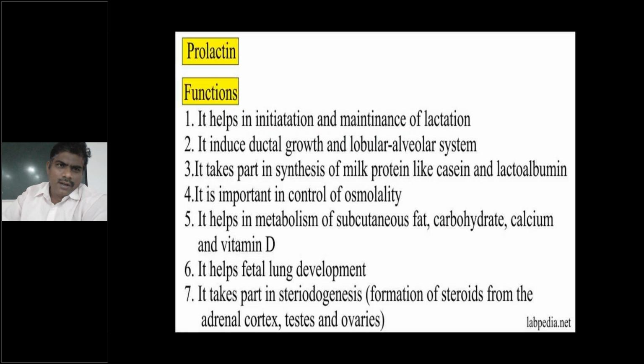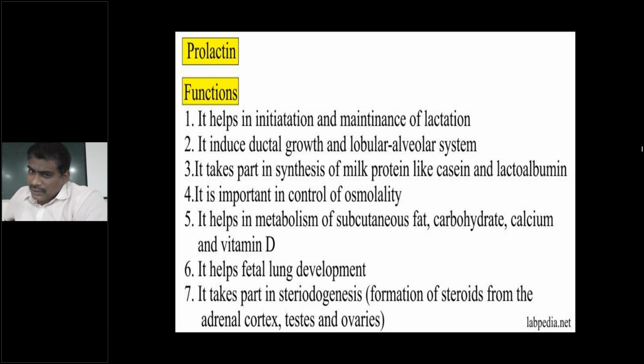Prolactin. Mainly, this prolactin hormone helps in the initiation and maintenance of lactation, and it induces ductal growth and the lobular alveolar system. It especially takes part in the synthesis of milk proteins like casein and lactalbumin, and it helps in the control of osmolality.